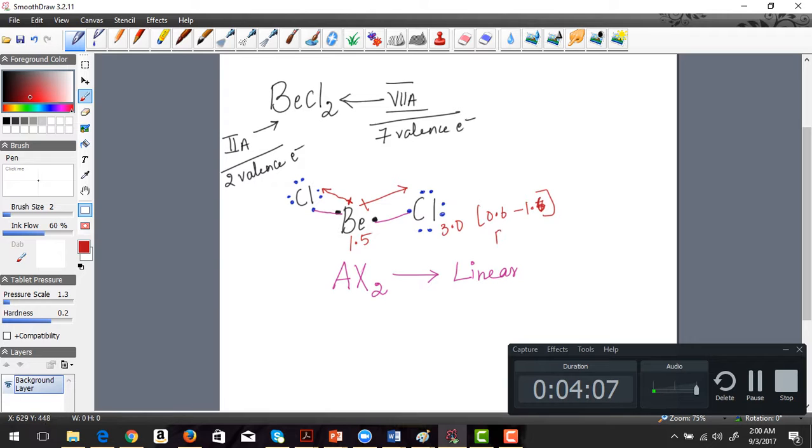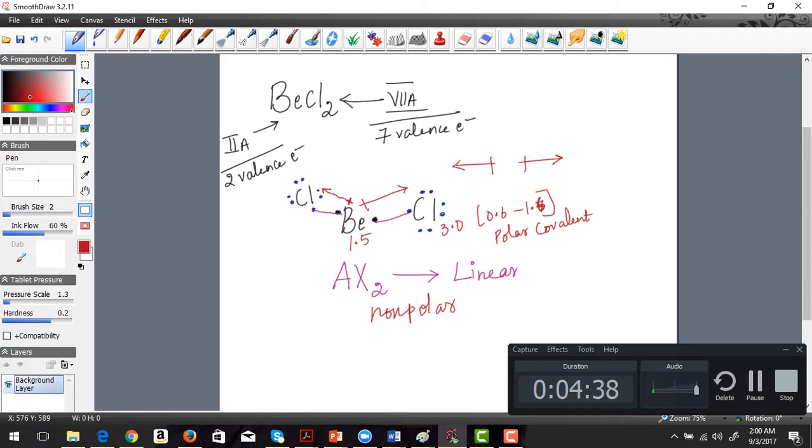So that is polar covalent. The bonds themselves are polar covalent, but the molecule itself is nonpolar. That's because this arrow is pulling this way, this arrow is pulling this way. So if I write it, this is what's happening. Again, they oppose each other and they cancel out. So that's why this is nonpolar.